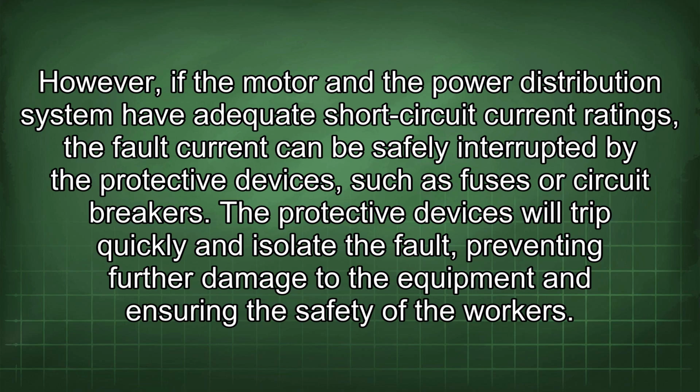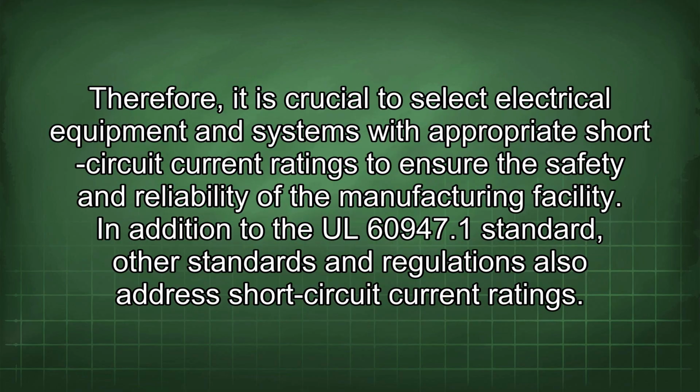The protective devices will trip quickly and isolate the fault, preventing further damage to the equipment and ensuring the safety of the workers. Therefore, it is crucial to select electrical equipment and systems with appropriate short-circuit current ratings to ensure the safety and reliability of the manufacturing facility.